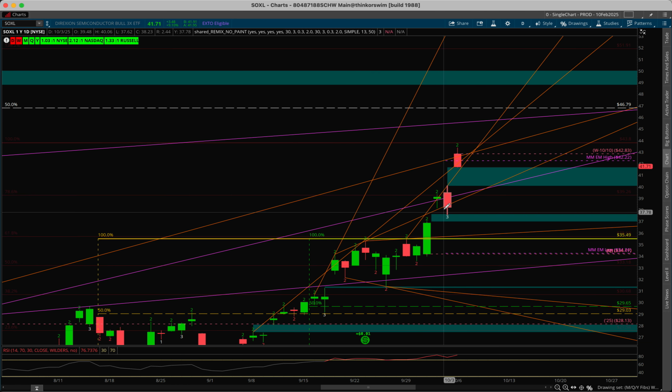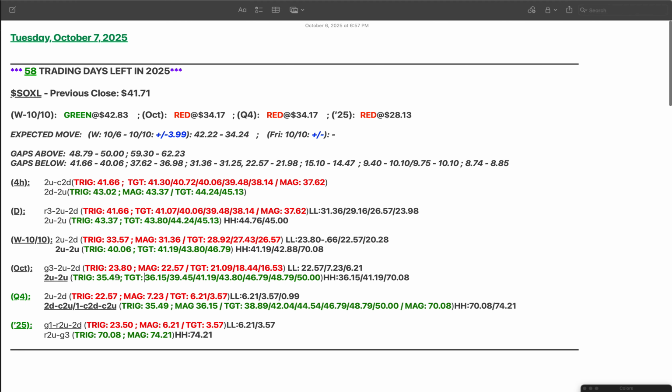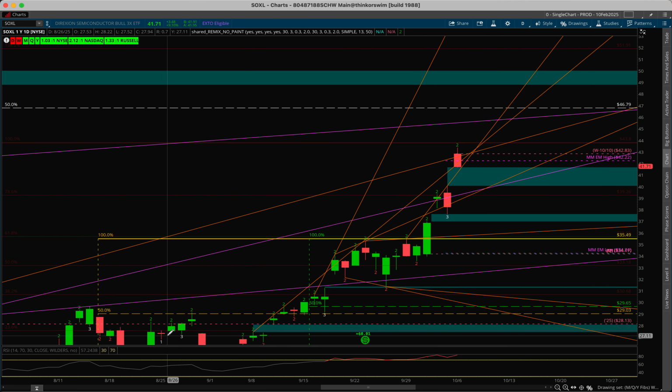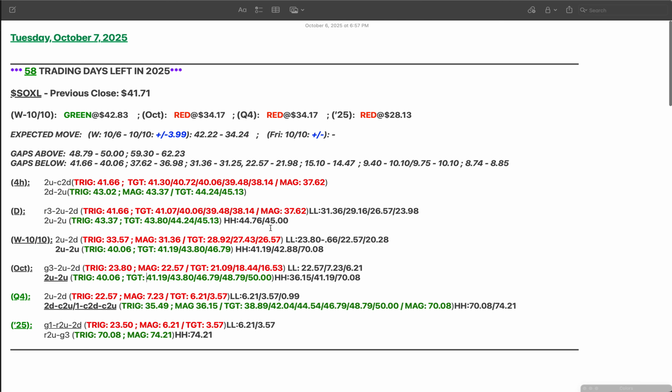Something happened with my notes, because I know I did these in preparation, but it did trigger at 40.06, and I feel like. Okay. Yeah, and we've got our 41.19, which we already took out.